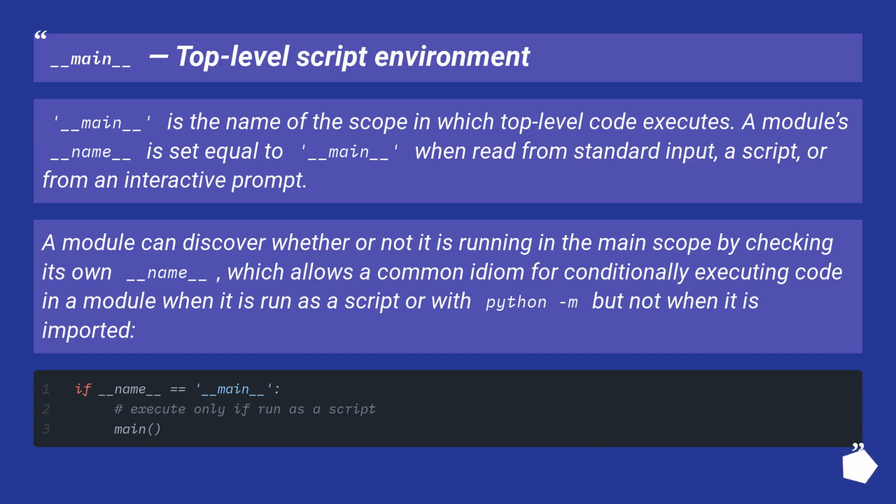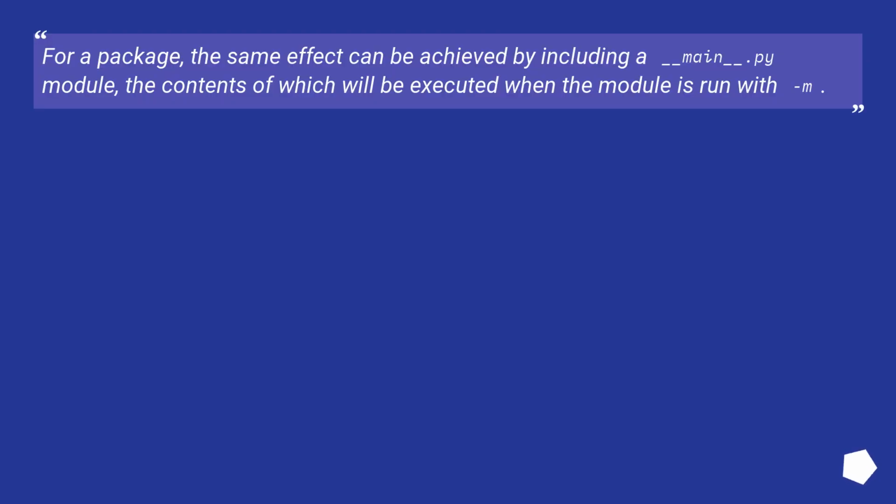A module can discover whether or not it is running in the main scope by checking its own __name__, which allows a common idiom for conditionally executing code in a module when it is run as a script, or with python -m, but not when it is imported. For a package, the same effect can be achieved by including a __main__.py module, the contents of which will be executed when the module is run with -m.